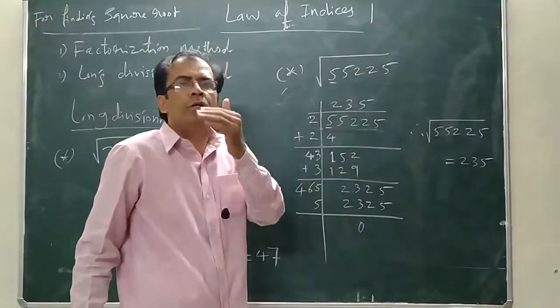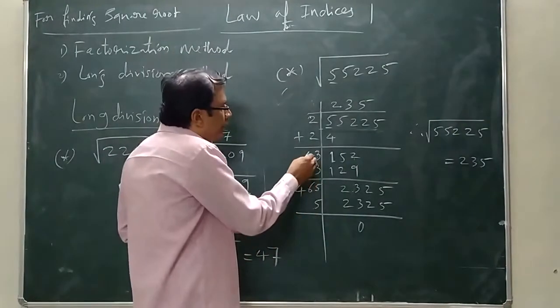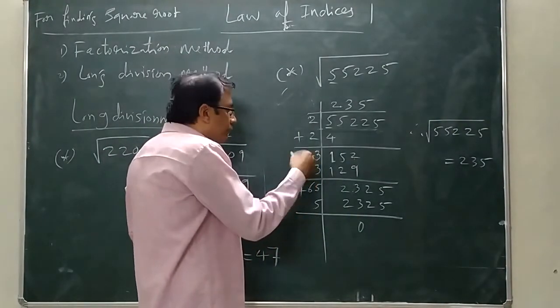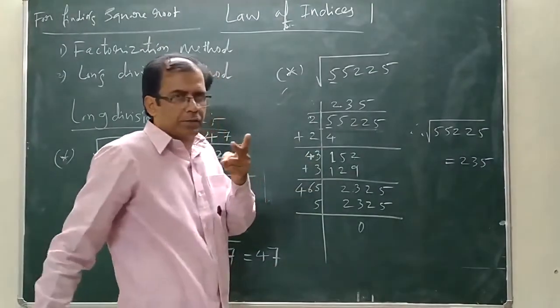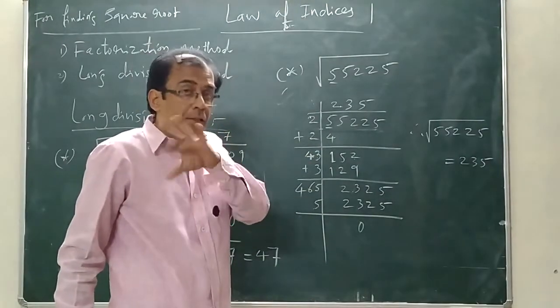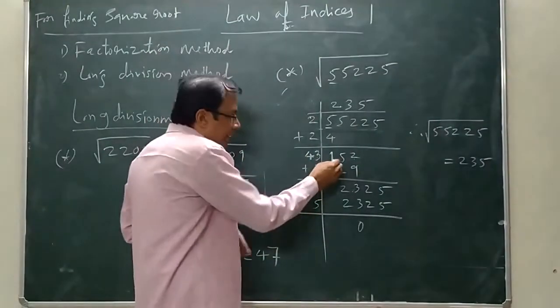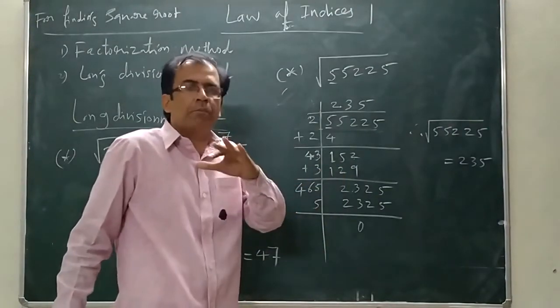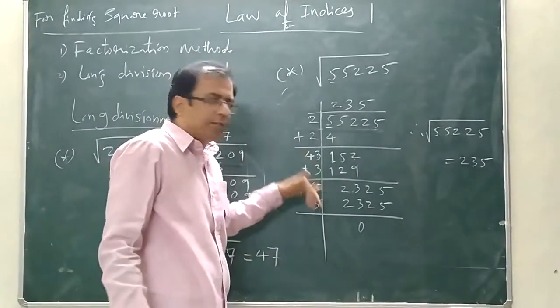You have to divide this number. How are you dividing? Next to 4 you have to take 2 numbers such that after multiplying you get less than 152. We are taking 3 here.